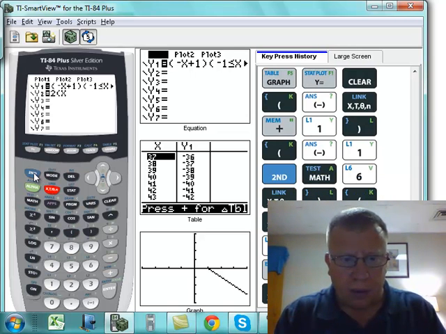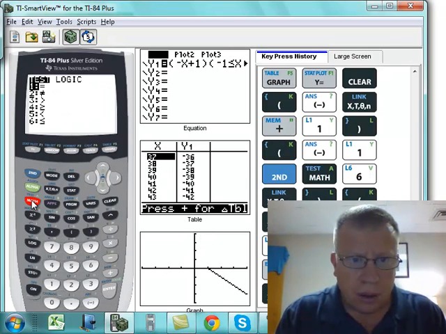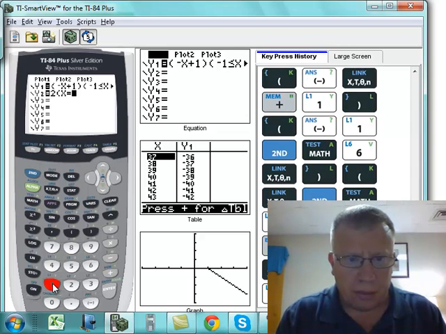Where do we get the equal sign from? Go into your test menu and select the equal symbol by hitting option 1. And then put in 1, close parenthesis, enter.